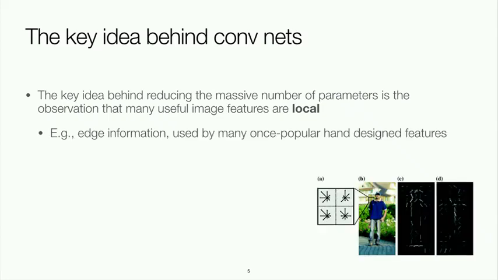People used to hand design local features for these types of image-based problems. This is what I told you about last Monday. For example, hand-designed features for images often extracted things like edge information. Edges are local features in the image.